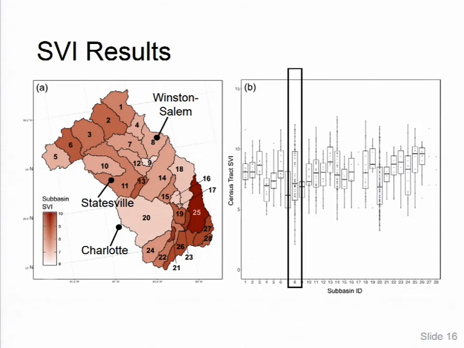And so we can see, for example, for subbasin 8, we have some census tract social vulnerabilities that are as low as 3, so they're not very vulnerable. But then we have very highly vulnerable communities as well. So we really need to think about those vulnerable communities. And based on this range, there's quite a large disparity in that particular subbasin.